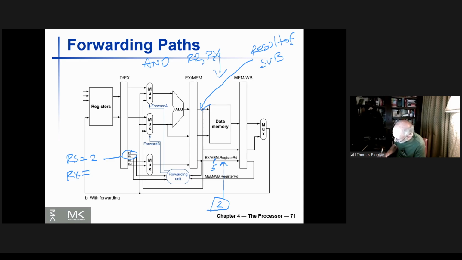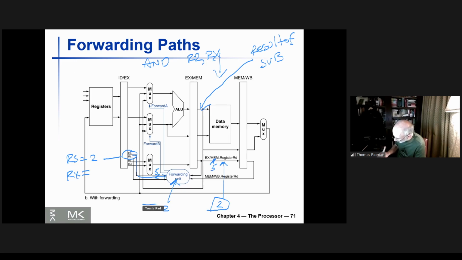And so what we do is take the 2 and feed it into this thing here called the forwarding unit. This is a 5-bit bus also. So we feed the value 2 on this 5-bit bus, and the value 2 that's on this other 5-bit bus, both into this forwarding unit.